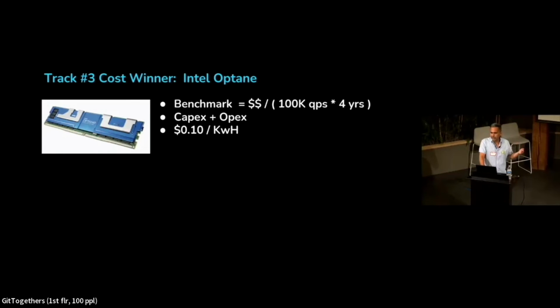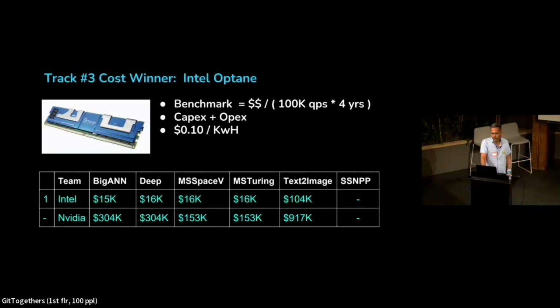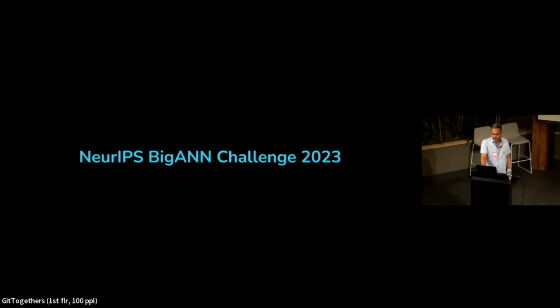In this case, the application was maintaining a vector search algorithm that could perform 100,000 queries per second, which is the kind of web scale number that Google uses, over the course of 4 years, which is the lifetime of a lot of hardware these days. And we used 10 cents per hour per kilowatt. So you can see here, Intel did a fantastic job in terms of power as well.